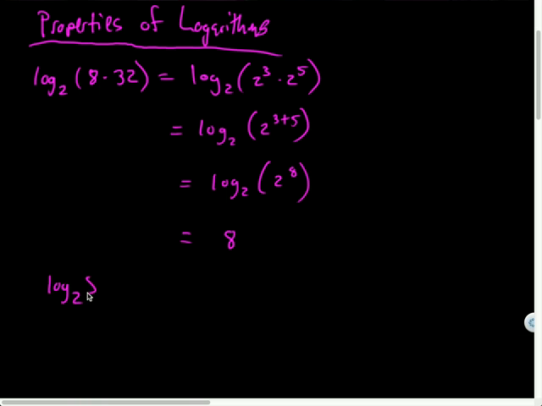Log base 2 of 8 plus log base 2 of 32. So different situation, somewhat parallel. So log base 2 of 8, what's that going to equal? 2 to what power is 8?